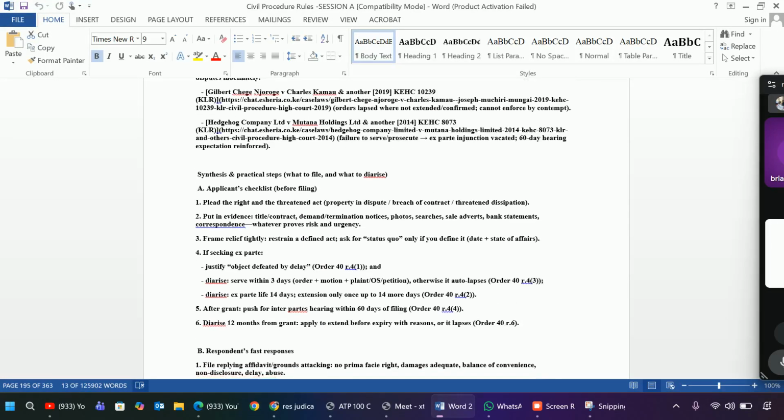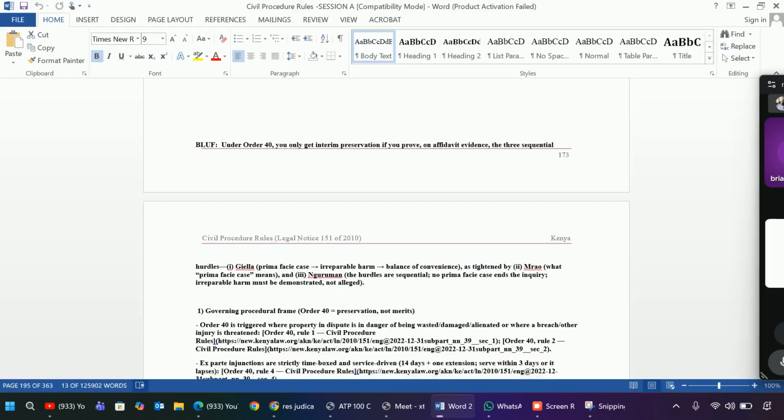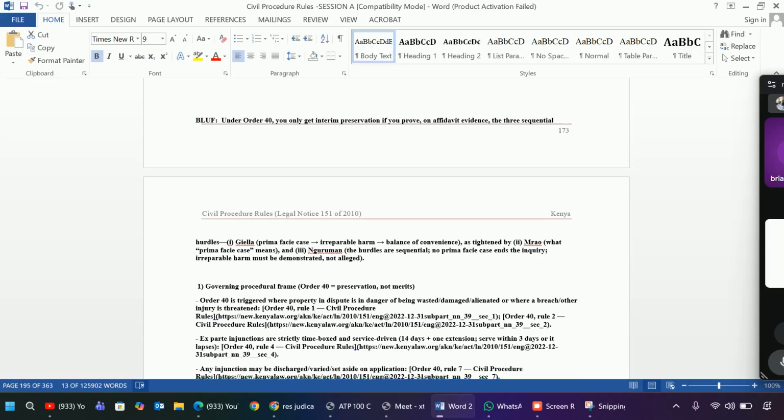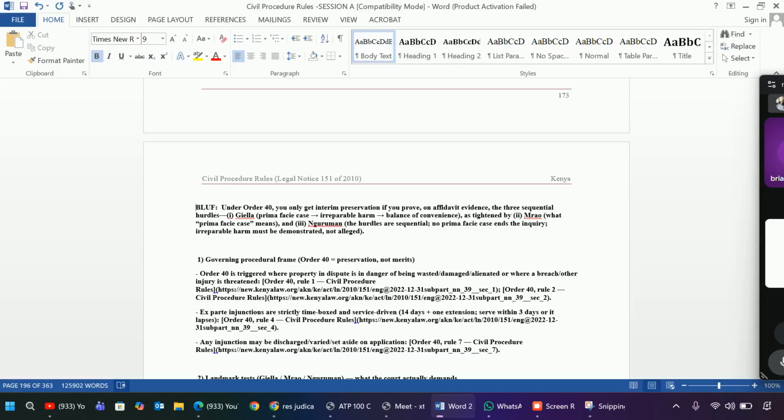So basically, I'm looking for the test that the examiner can ask you. Under Order 40, you only get interim preservation if you prove the 3 sequential hurdles.